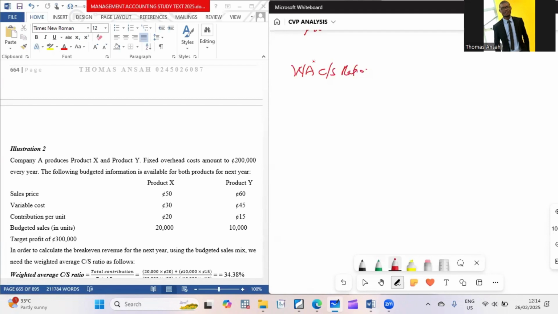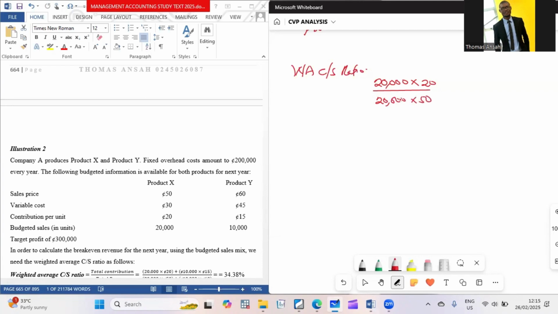All right. So you're going to do the same. Now here you have 20,000 units for product X. The contribution is 20 all over the sales. But if you want it per unit, you really don't need to, because here will also be 20,000 and the selling price for this particular one is 50.